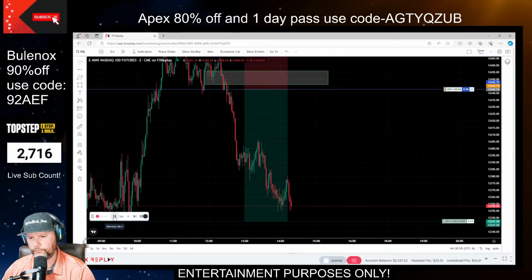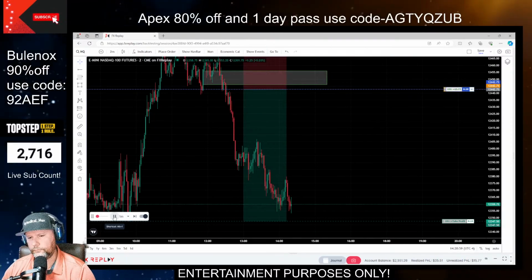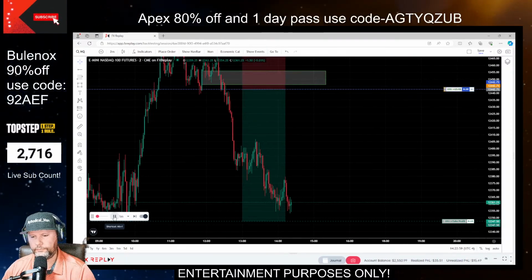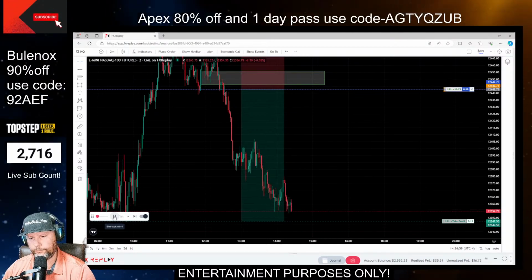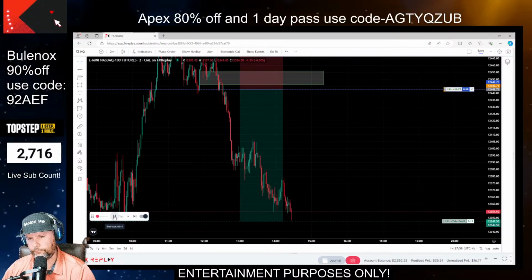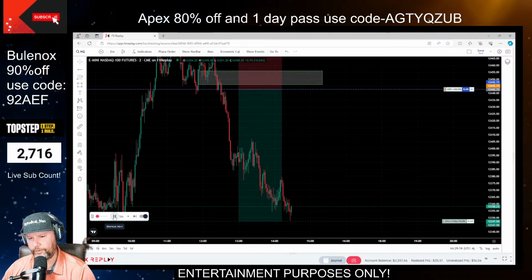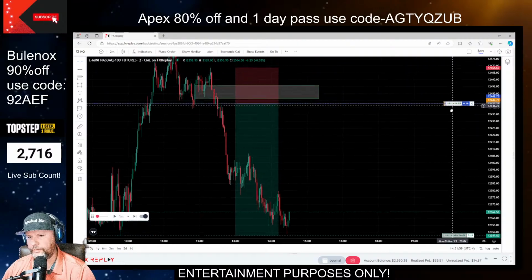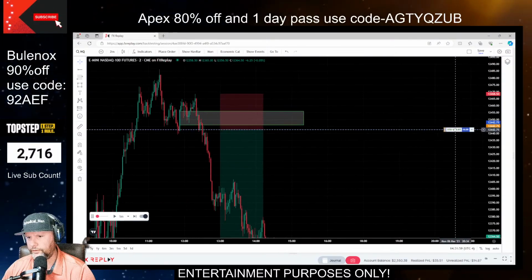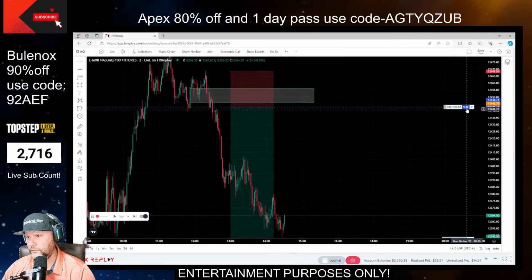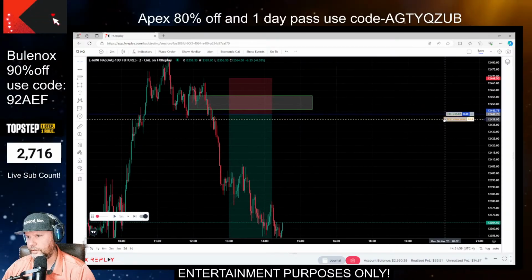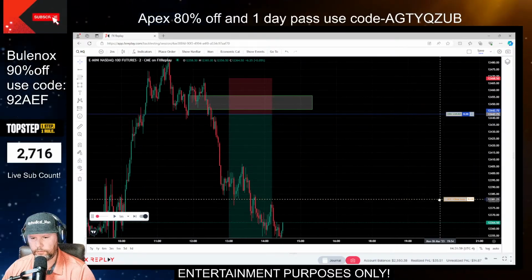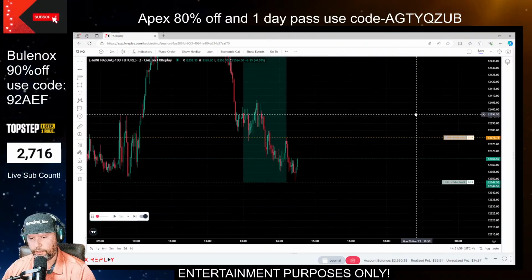And it's teasing. Woo, look at that. It was like one tick away there. All right, so we will move the stop down at this point. Can I move it down? Oh, no, let me grab it. Oh, I wasn't grabbing the right one. So I would probably move my stop to there.